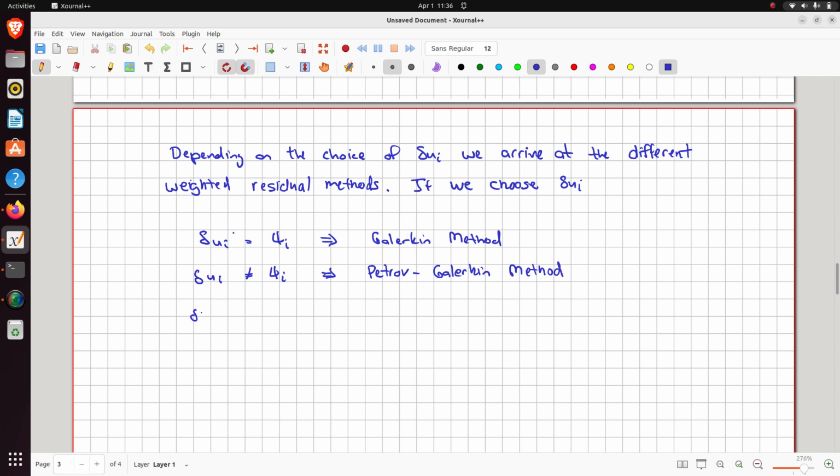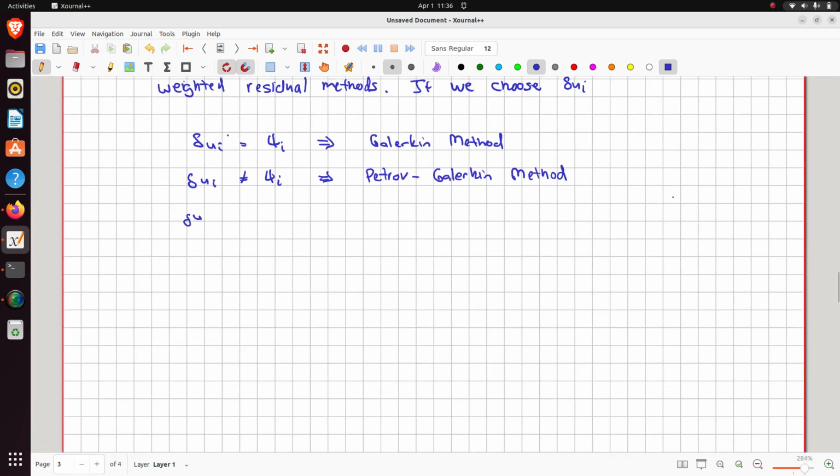If we chose the del ui to be equal to the right-hand side of the equation, where we've replaced the u with phi, we have what's called a least squares method.